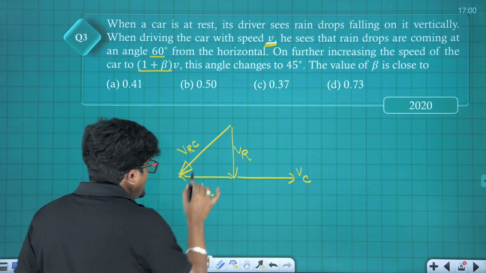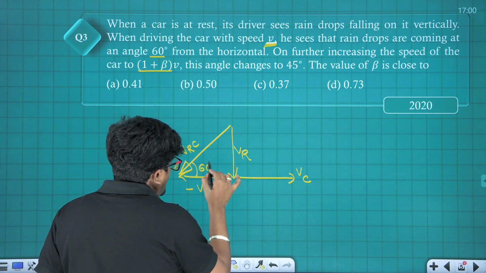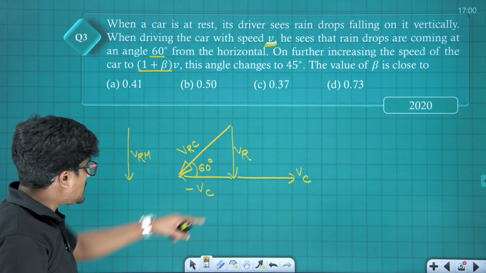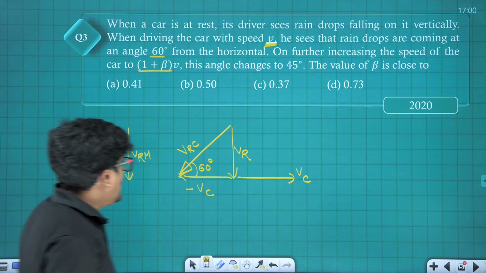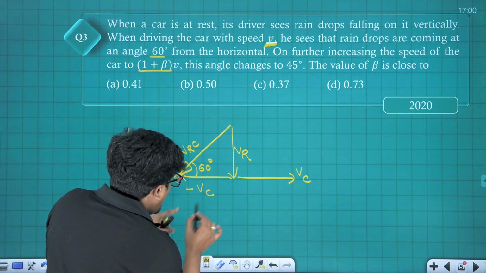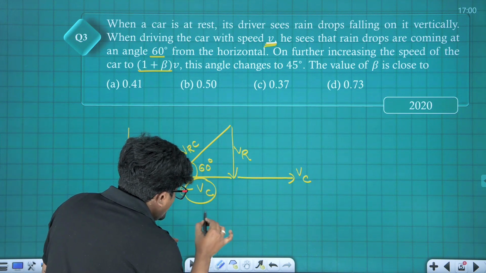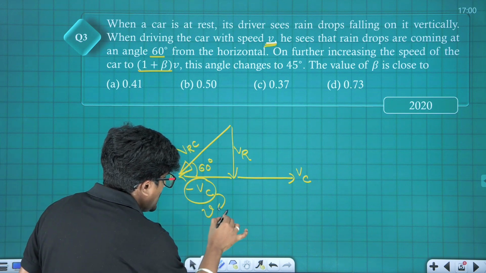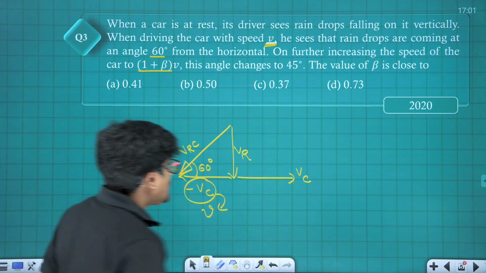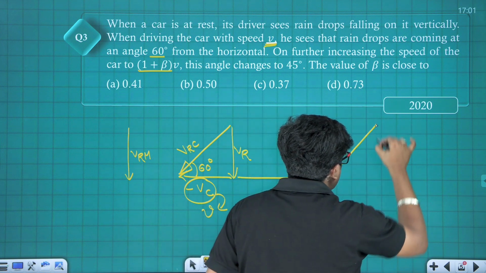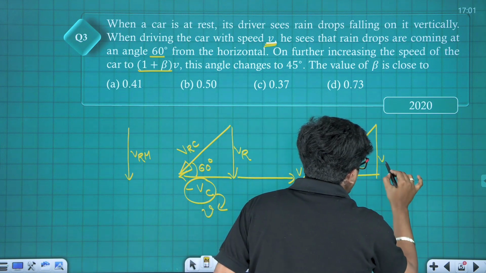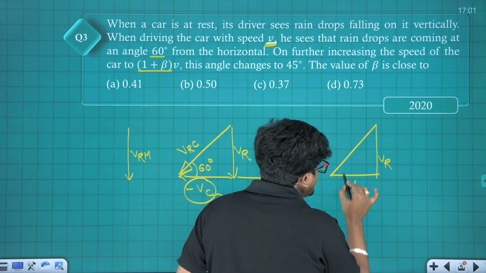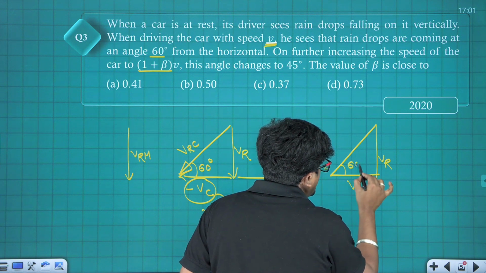And as per the question, this angle is 60 degree. Now I can mark the magnitude of VC as small letter v as per the question. I repeat, the magnitude of VC, I marked it as small letter v. Now I would like to recreate this triangle and mark this as VR and this as v, and here this is 60 degree.